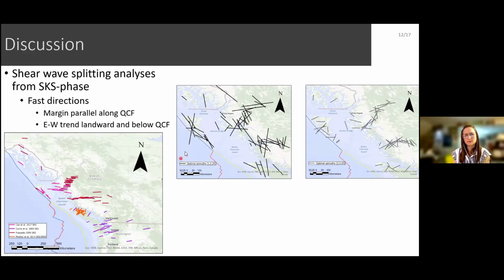In comparison, our results for that first time window are also margin parallel near the Queen Charlotte Fault, but on land, our results do not agree. Although when we look at our later time window of 2 to 3.25, we do start to see a more east to west trend developing.